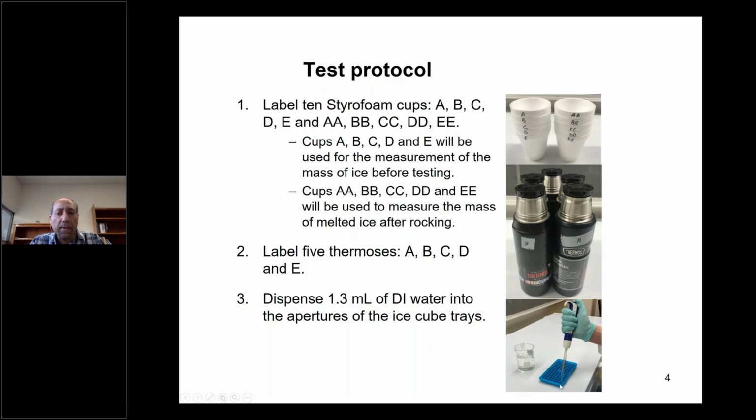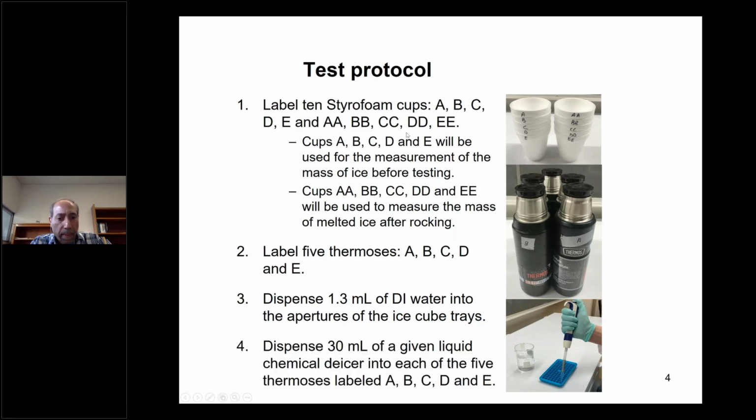The capacity of each mold should be 1.3 milliliter. So we put 1.3 milliliter of DI water into each of these molds, and we make actually 33 ice cubes.